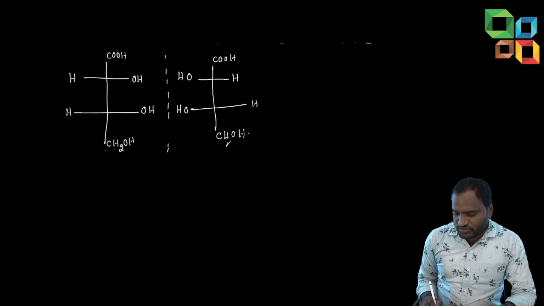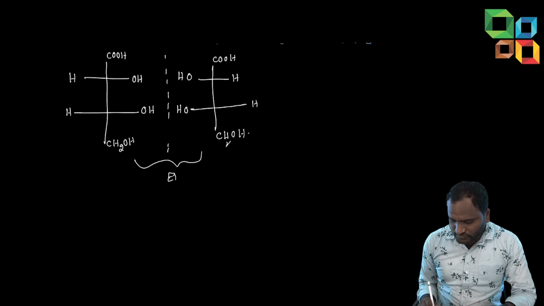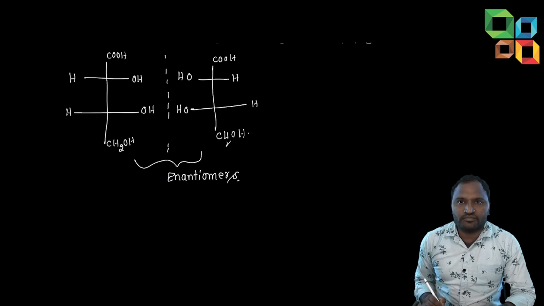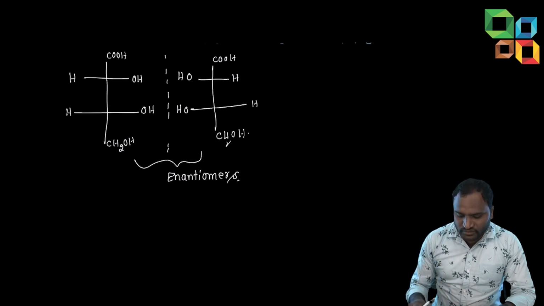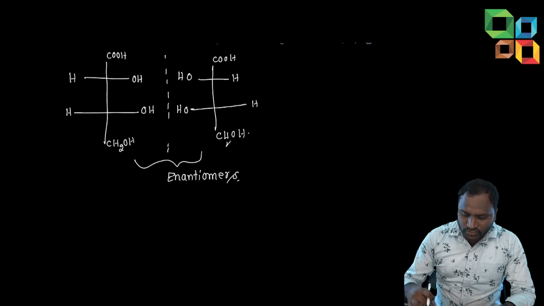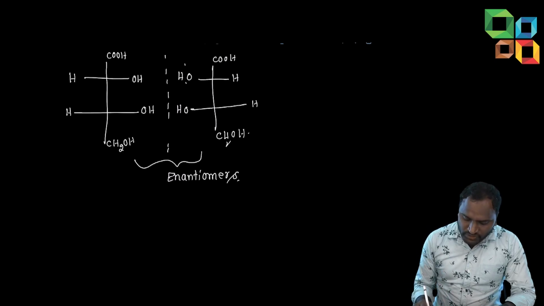Are they enantiomers, students? Yes, sir. Very good. Enantiomers. Understood how to find out enantiomers? Mirror image, and they are not superimposable. If you lift this molecule and keep it upon this, OH will come on H. This OH will come on H. This will go here.